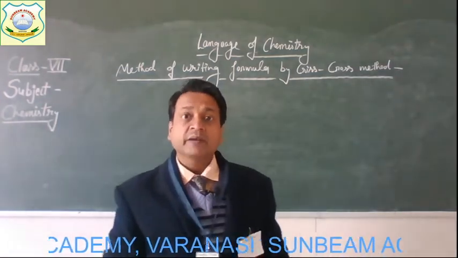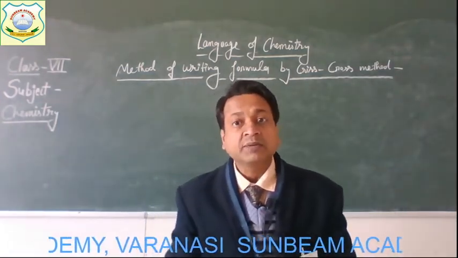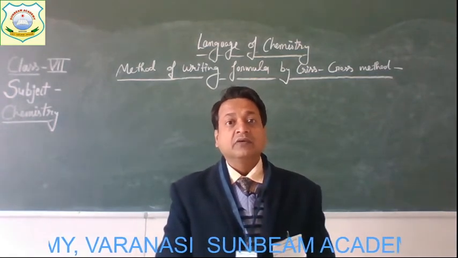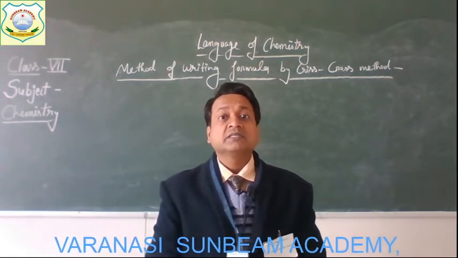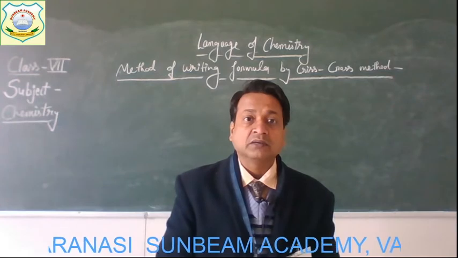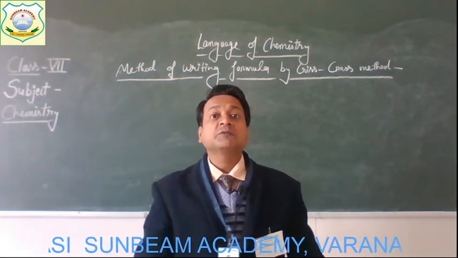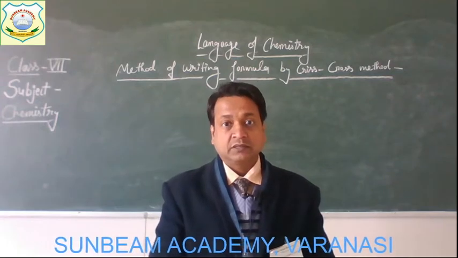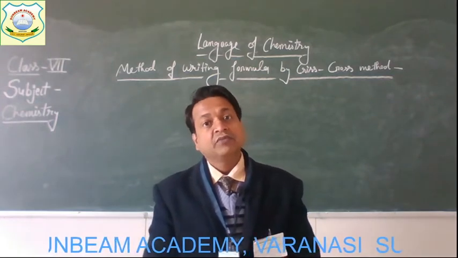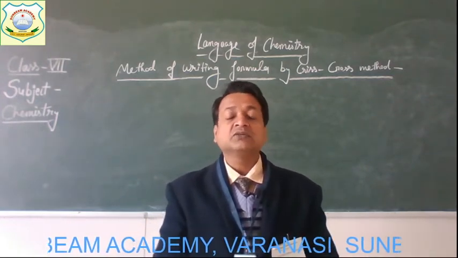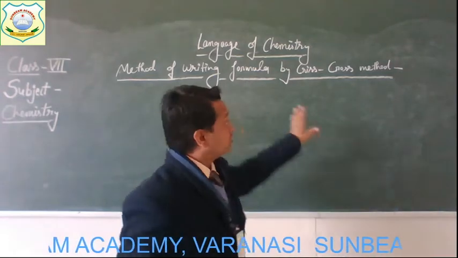Children, remember that in the chapter structure of matter we have discussed the symbol and formula. So there is a method to write the formula of certain compounds. In this class we will discuss the method to write formula by crisscross method.